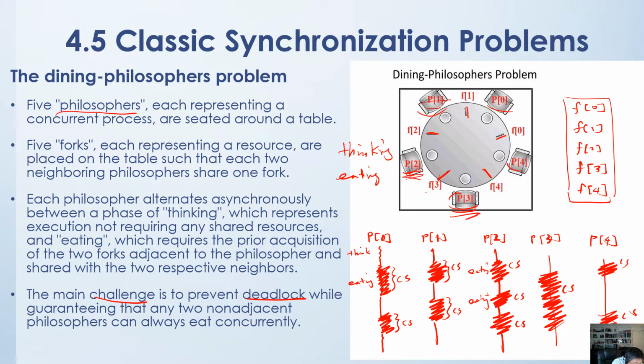But if philosopher 2 is eating, we should make sure that either philosopher 3 or philosopher 0 or 4 can eat, right? Because philosopher 2 only takes F2 and F3, so it's not taking F4, F0 or F1, so the other ones can eat. So that's kind of the dining philosophers problem.